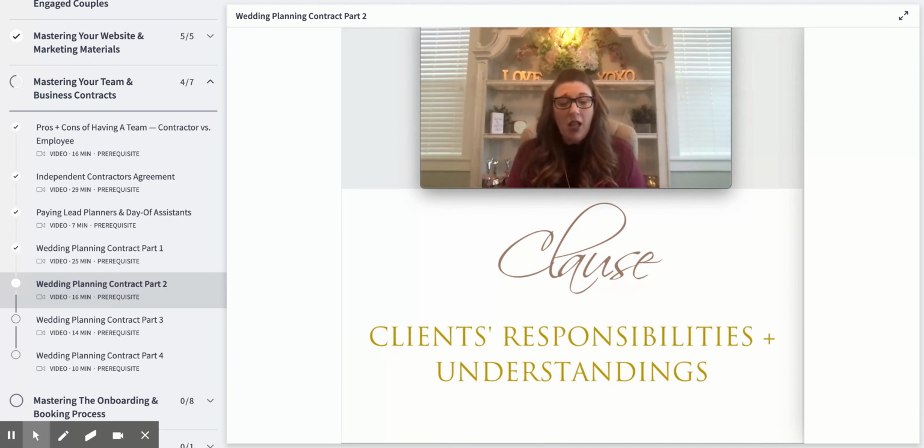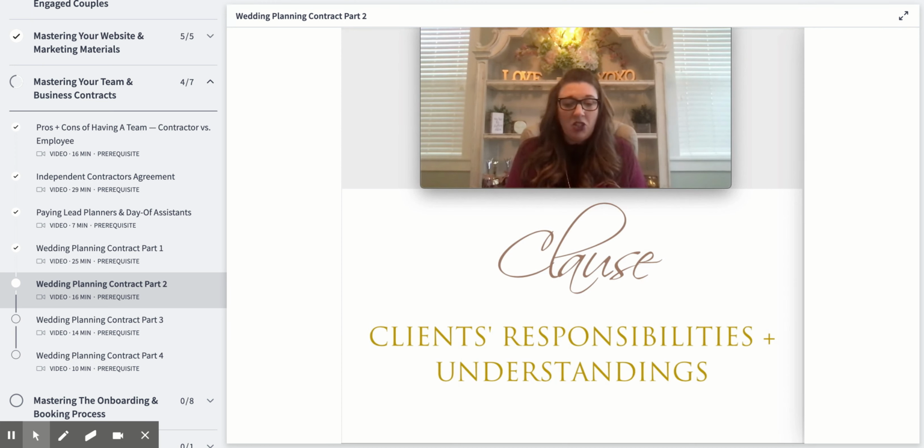Now, the next bullet point under this particular clause states, the client agrees that in the event that the consultant determines in the consultant's sole discretion that the client's family, the wedding guests, the clients or the vendors at the wedding aren't following the governing laws and/or CDC guidelines, the consultant's agents, contractors, or employees shall be entitled to terminate the service and, if on the wedding date, leave the wedding.